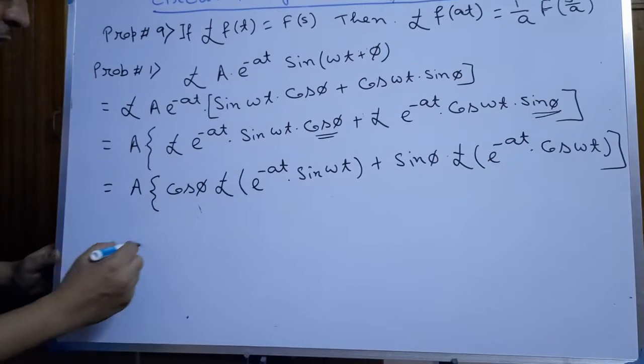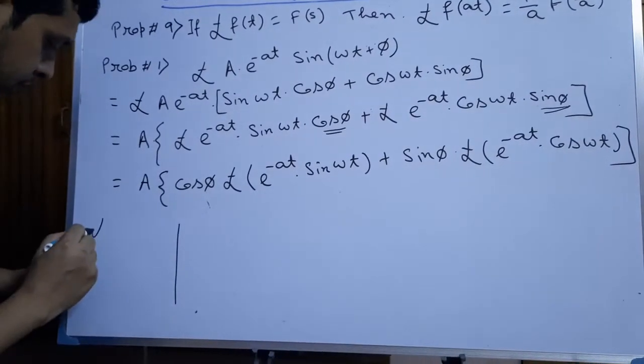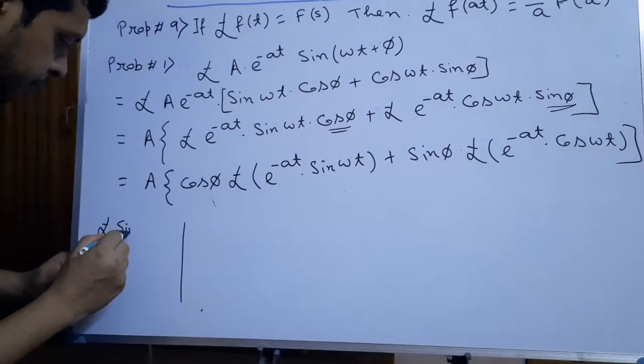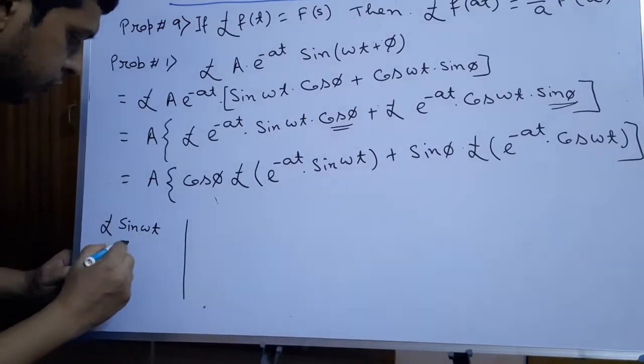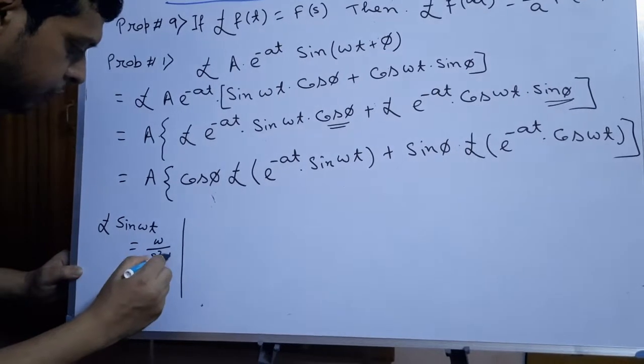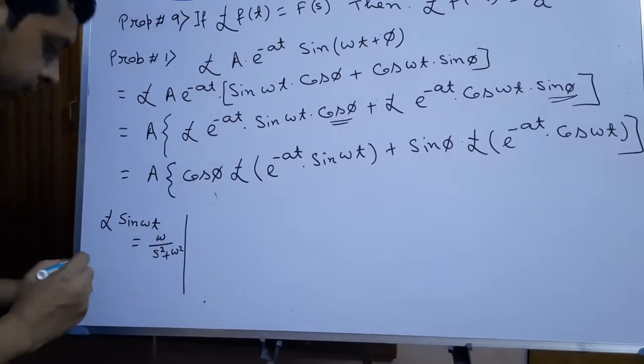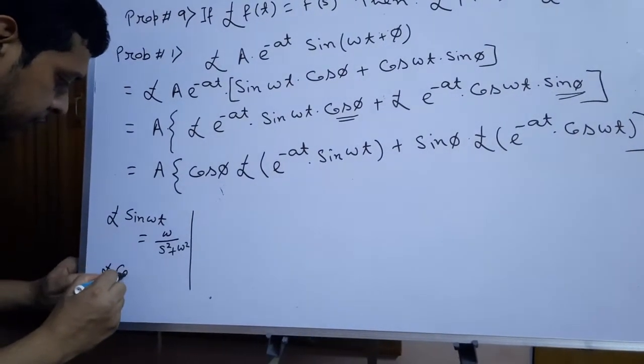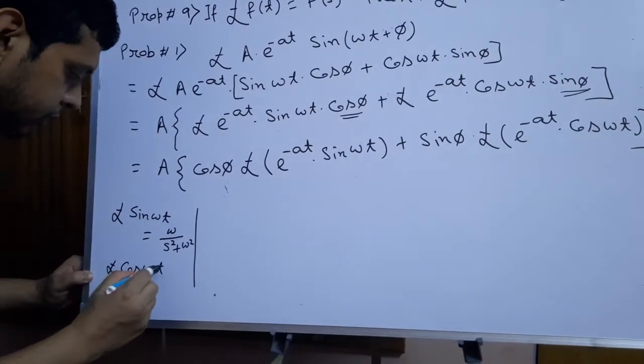Now we know that Laplace transform of sin omega t equals omega by s square plus omega square, and Laplace transform of cos omega t equals what?